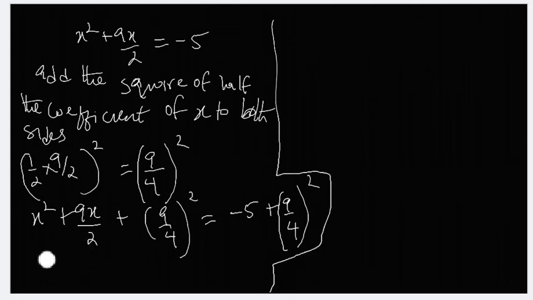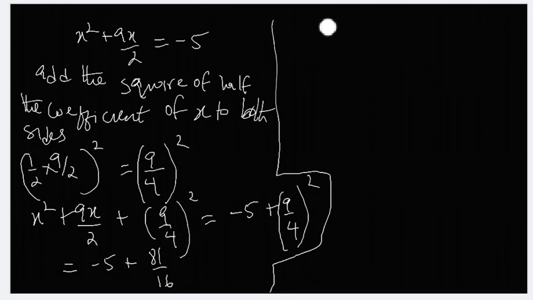So when we solve the right hand side, we have minus 5 plus 81 over 16. The square of 4 is 16.